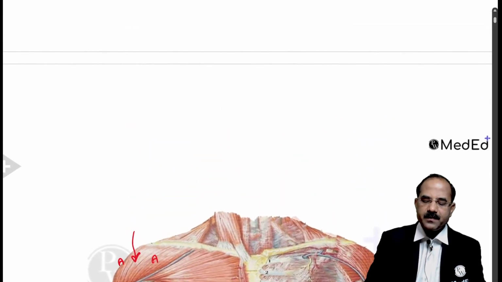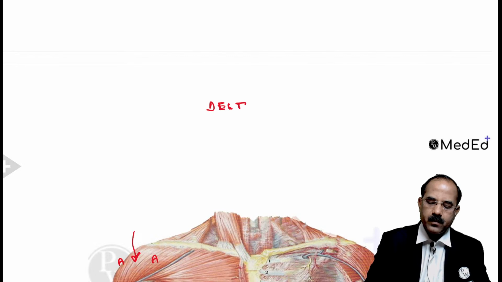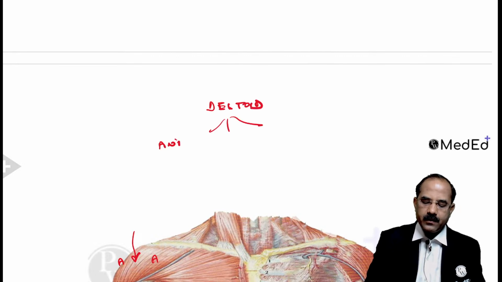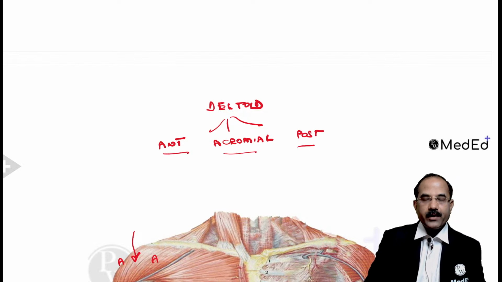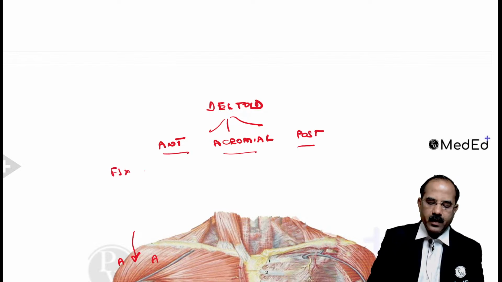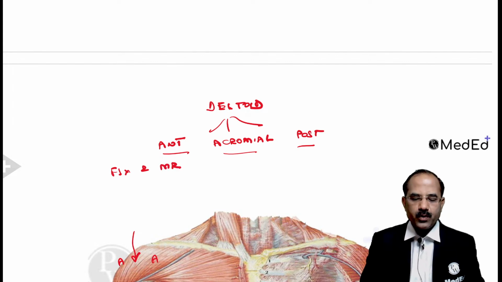Let me write this down for you. One is anterior, one is acromial, and the other one is posterior. Action of anterior fibers of deltoid is flexion and medial rotation at the shoulder joint.